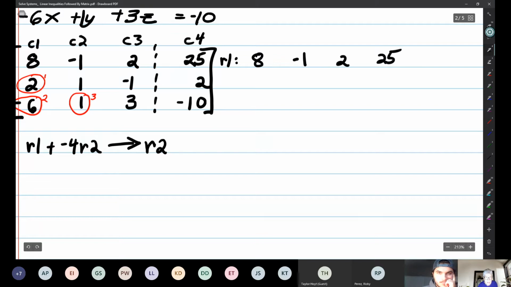And -4 times row 2 is going to be -4 times 2 is -8. -4 times 1 is -4. -4 times -1 is +4. And -4 times 2 is -8.